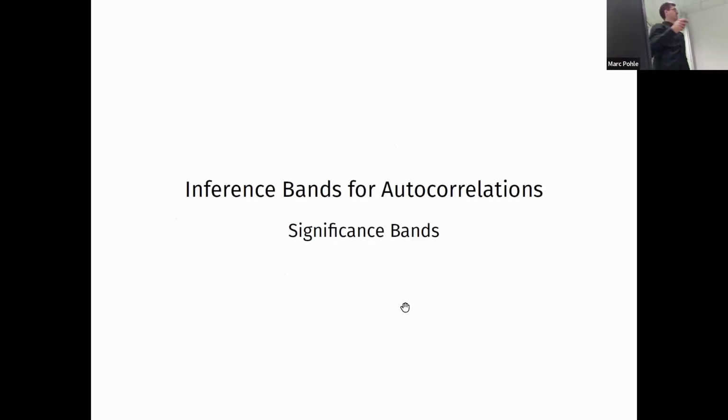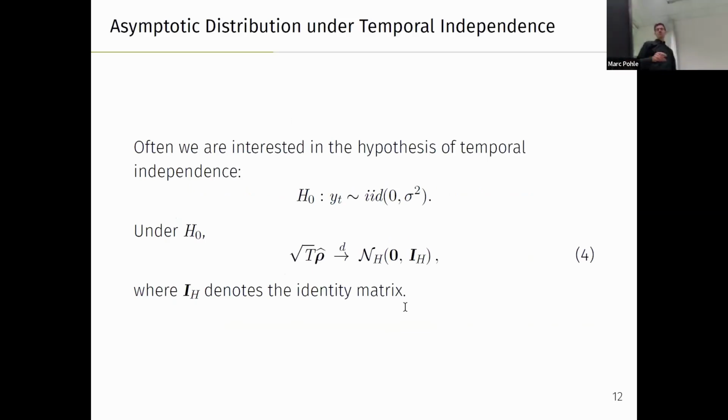Okay, and then we can come to the significance bands. Here the null hypothesis would simply be temporal independence, or even stronger, that Y_t is an IID process with finite variance. Actually, it can have any mean, so the zero here is not necessary.